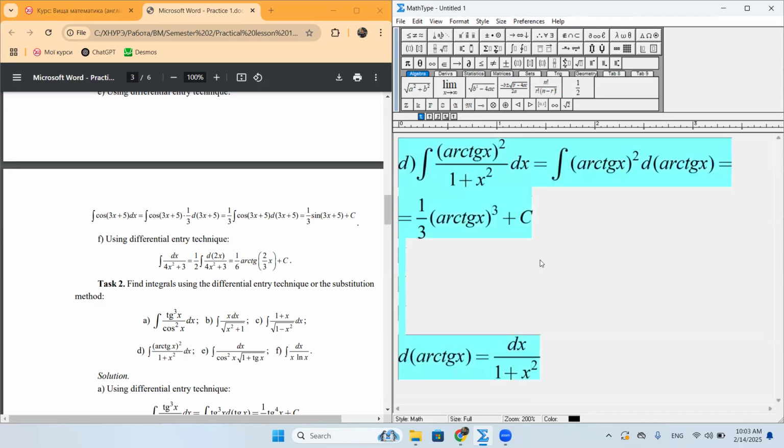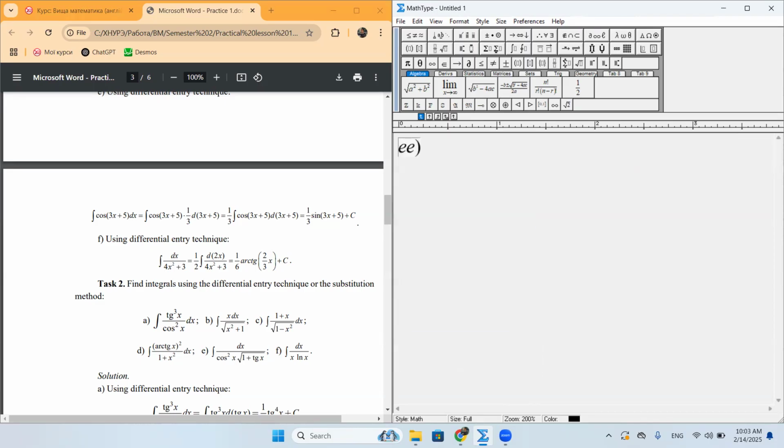Okay, if no questions, let's move to part E. So, your suggestions about this integral. Which differential, which function do you see here? Do you see a differential function under this integral?